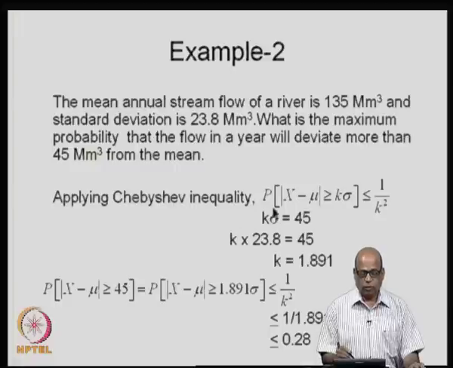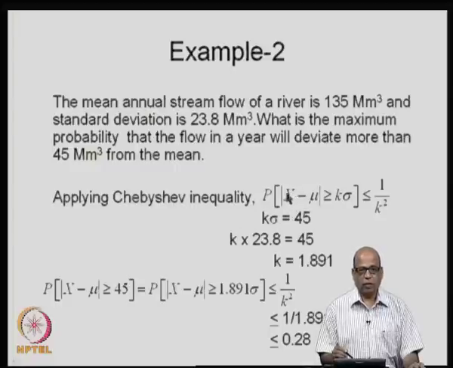So, we will use the Chebyshev inequality, which states that probability of the absolute value of the deviation x minus mu being greater than or equal to k sigma will be less than or equal to 1 by k square. So, here we are saying that k sigma is equal to 45, because we are saying what is the maximum probability that the flow in a year will deviate more than 45 million cubic meters.